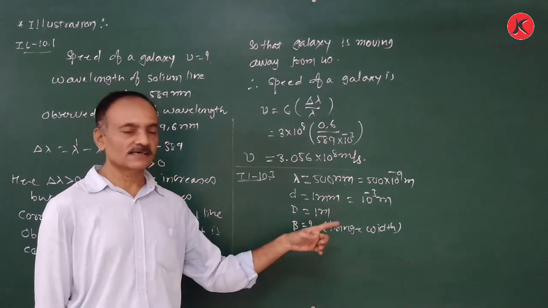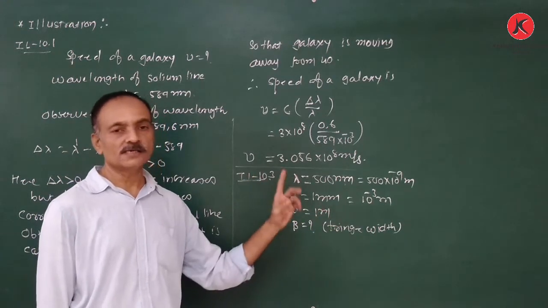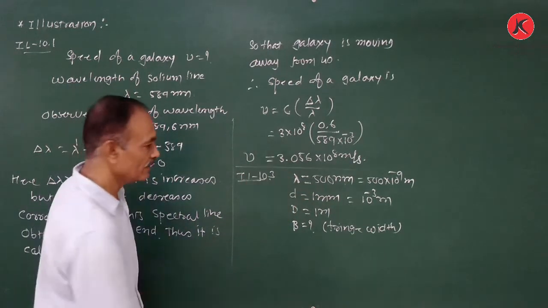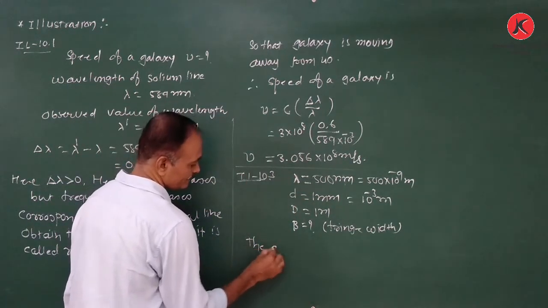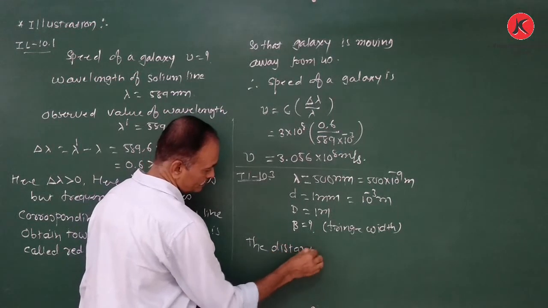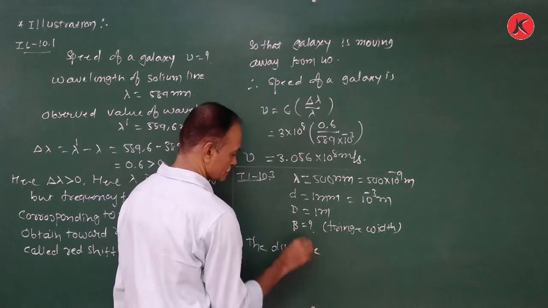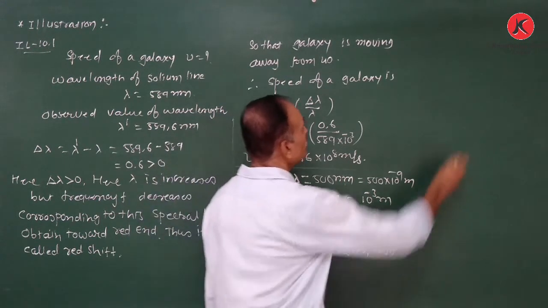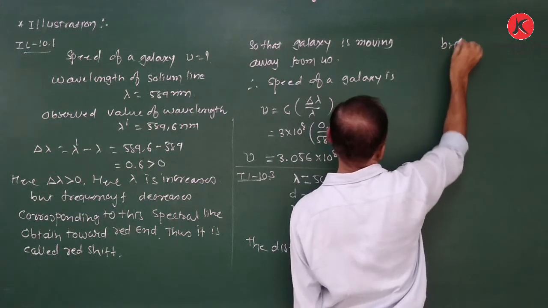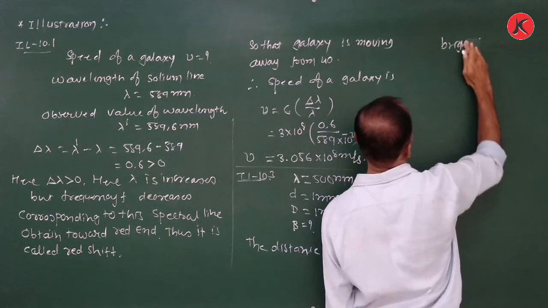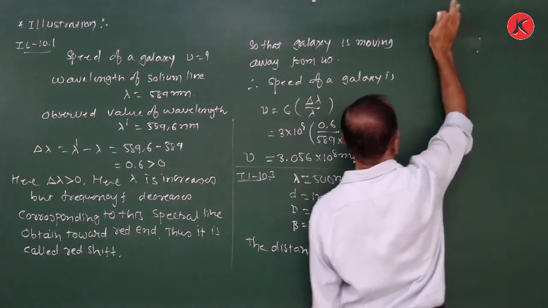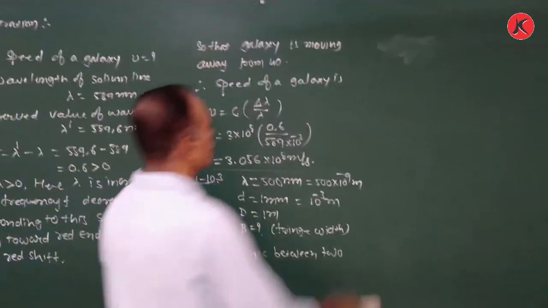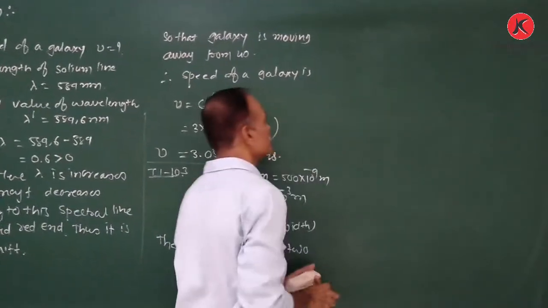Find the fringe width, or the distance between two bright or two dark fringes.